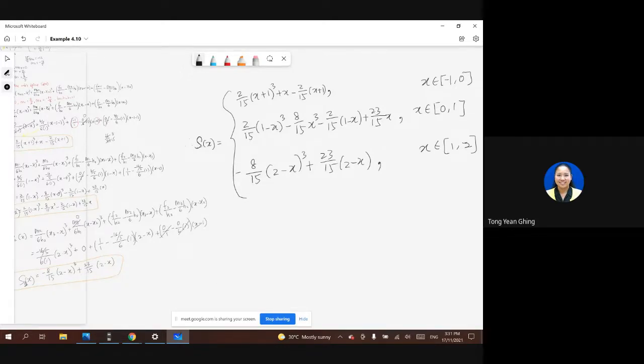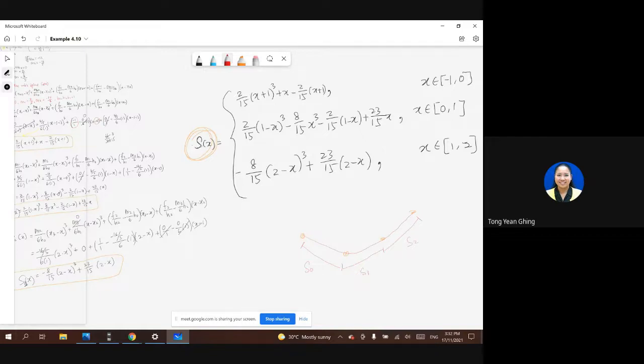So okay or not? This is your natural cubic spline, S(x), where the number of pieces depends on how many data points. Because we have 4 data points, for sure we have 3 segments: S0, S1 and S2.